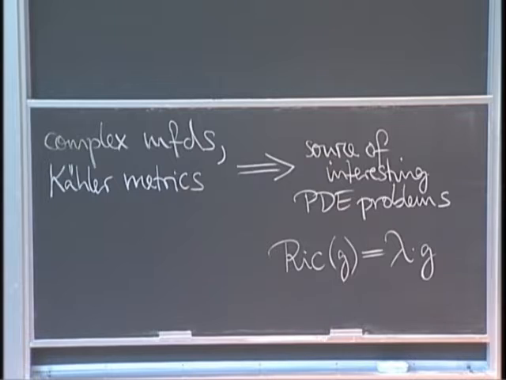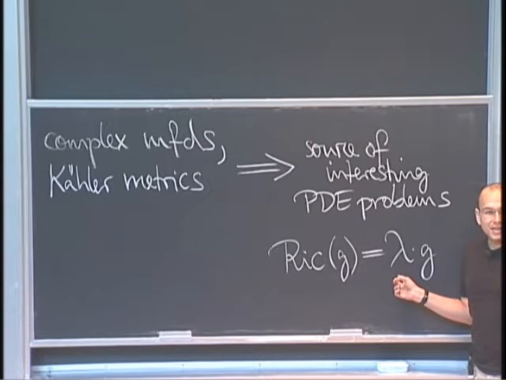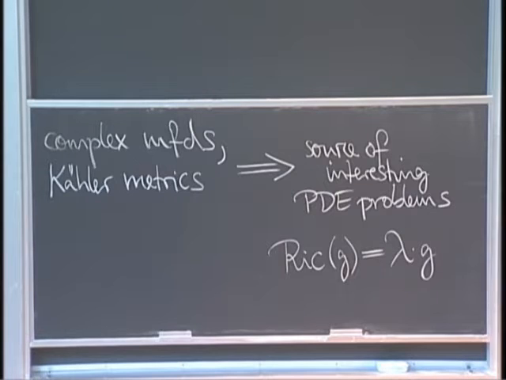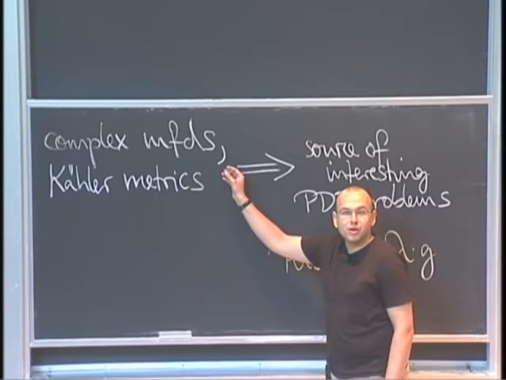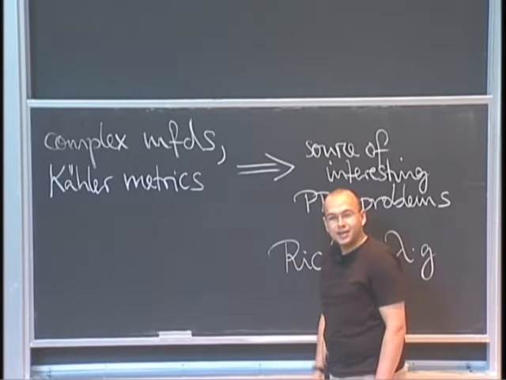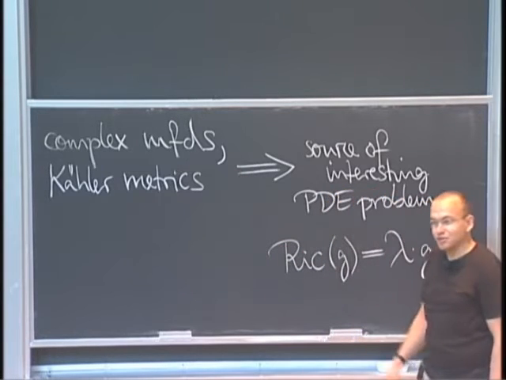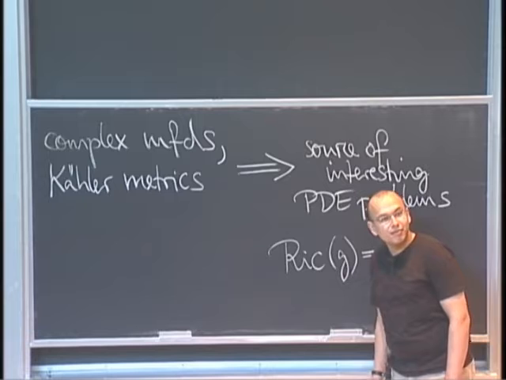In Riemannian geometry, if you want to do any non-trivial computations at all, going beyond manifolds with a lot of symmetry or product manifolds, then Kähler manifolds are the first place to go. You can actually hope to do some interesting computations and solve the problems that you're posing yourself.